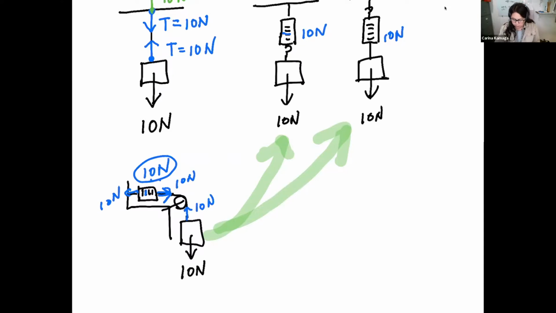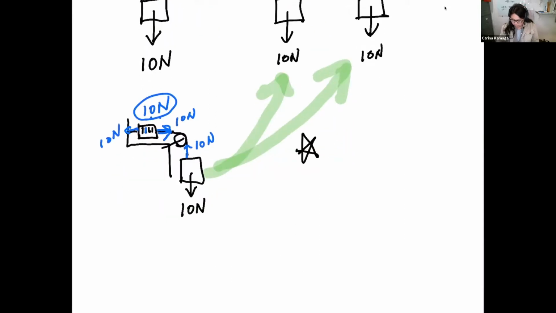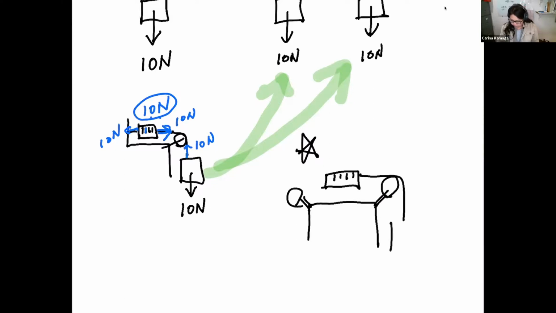So now, this is a question I'm going to ask in class, so you should have your answer ready. What if I put the scale, but this time, 10 Newton down, 10 Newton down?